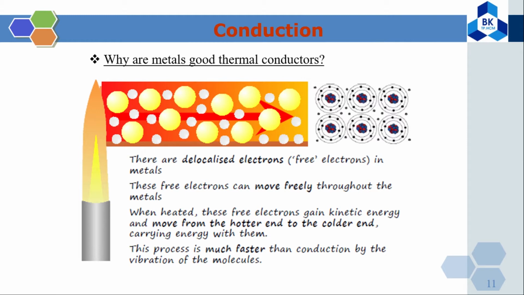This process is much faster than conduction by the vibration of the molecules. Because the electrons move freely, metal can be a good thermal conductor. In other words, materials that conduct electricity well also conduct heat well.